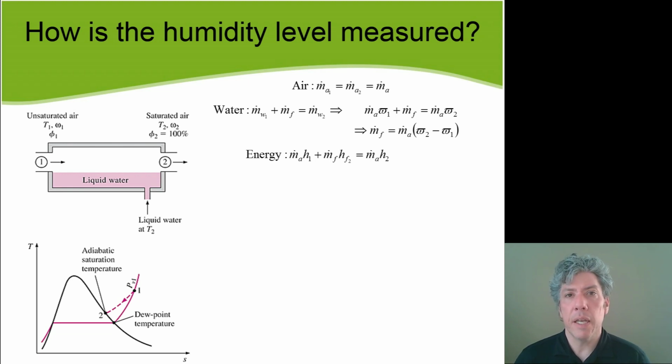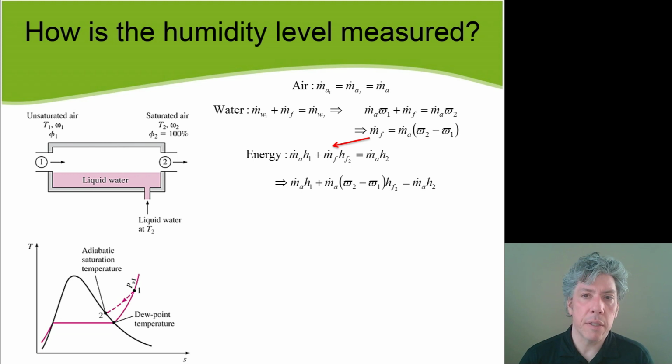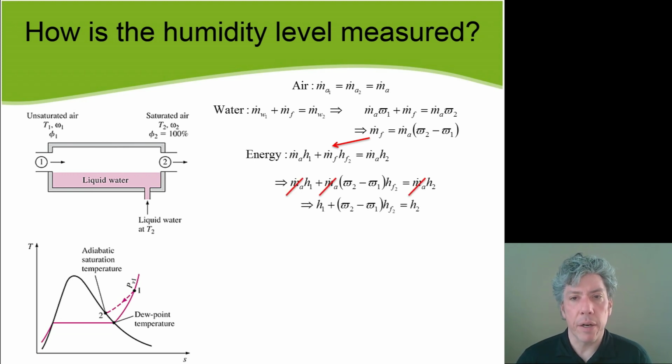And then the enthalpy of the exiting humid air is just the mass flow rate of the air times the enthalpy at the exit. Again, H2 contains both the contribution from the air and the contribution to the enthalpy from the water vapor. Now, from the mass balance on the water, we can substitute for the mass flow rate of the makeup water or the added water, as you can see there in the slides. And notice that the mass flow rate of the air cancels out of the energy balance, and that's a nice, handy thing.